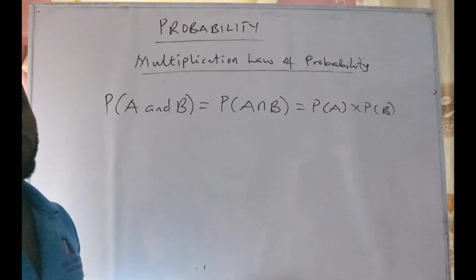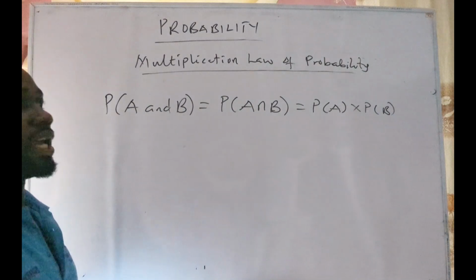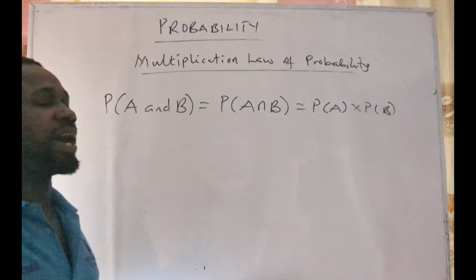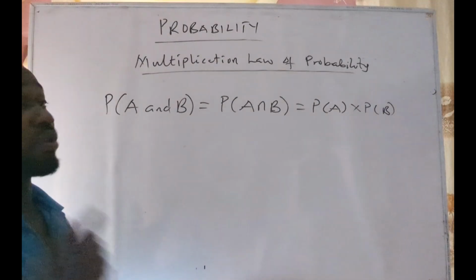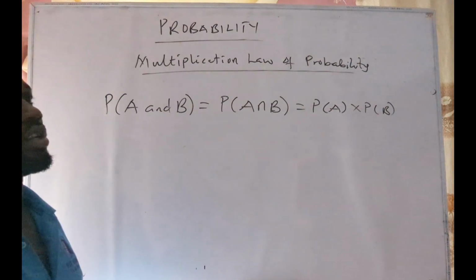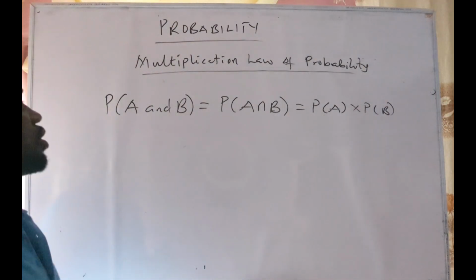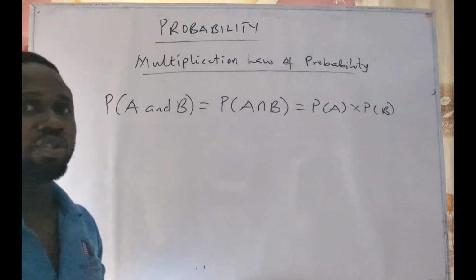When you pick a ball from bag A and then pick a ball from bag B, the outcome of bag A will not have any effect on the outcome of bag B. Let's look at an example and solve.